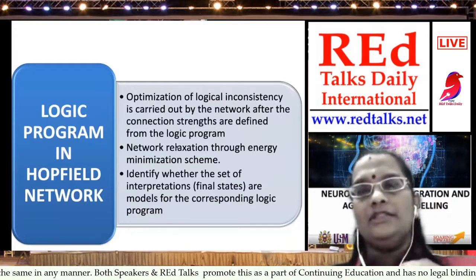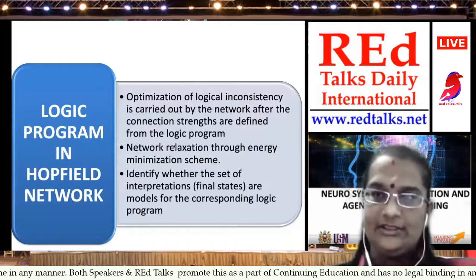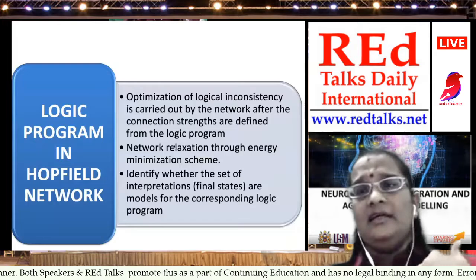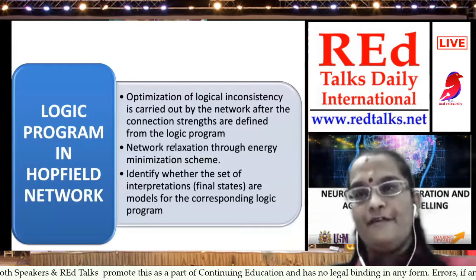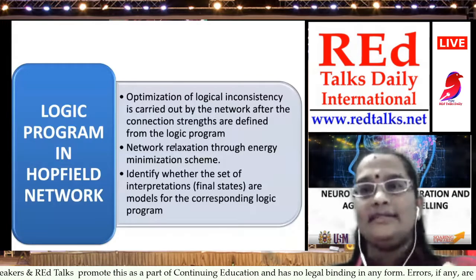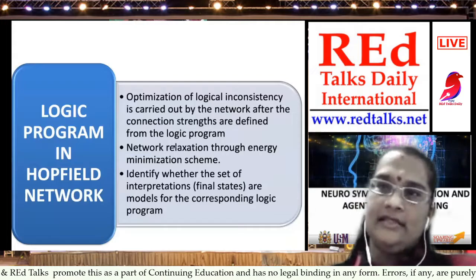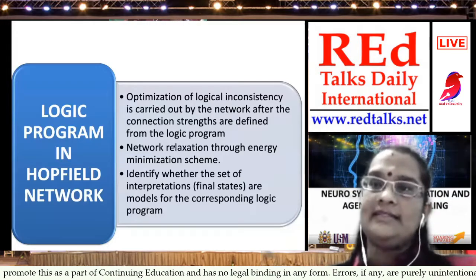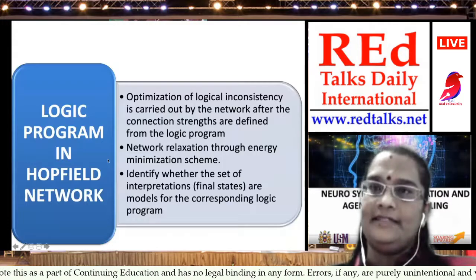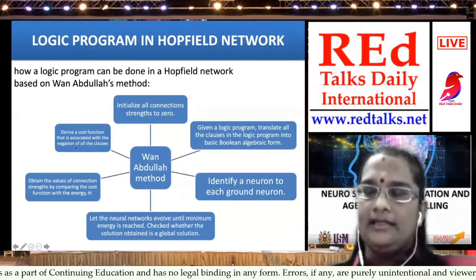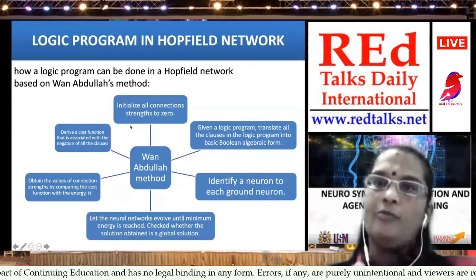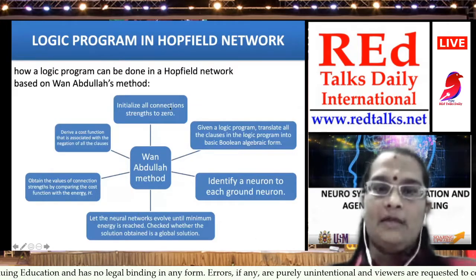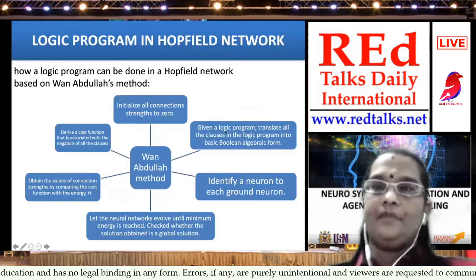And then I put the neurons into an energy relaxation scheme, and I let the neurons relax. In the final state I check whether it is a stable state, or whether the state keeps on changing or is already stable. That is the model or set of interpretations which is taken as the output for the corresponding logic programming. Okay, this is what has been listed here.